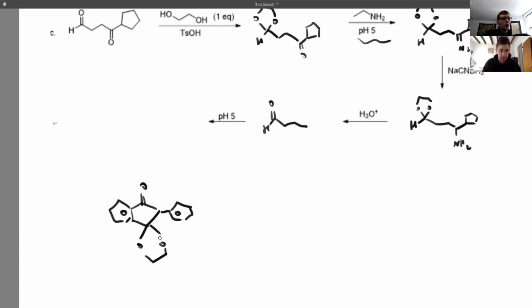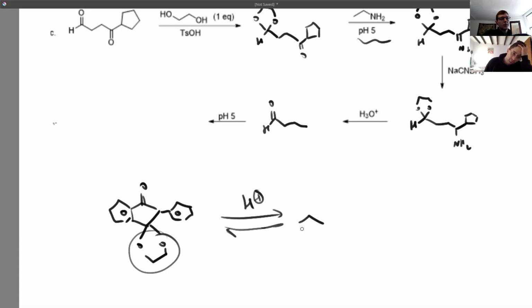Okay. And so if we removed this acetal, then, well, plus. So we're keeping this top carbonyl, right? Because that's fine. And then we're making a carbonyl down here. Oh, okay.